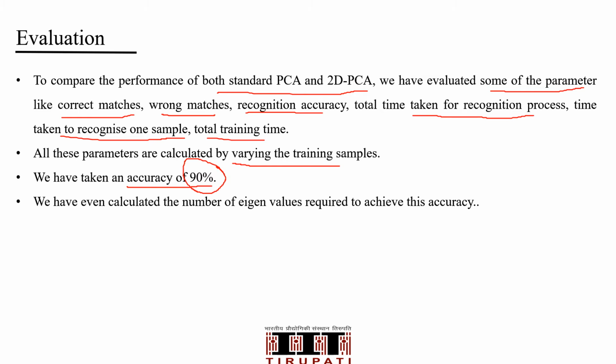Now we are discarding the rest of the 70 features. So the calculation will be done only for the 30 features. In this way, this will improve the computational time. And we have even calculated the number of eigenvalues required to achieve this accuracy.